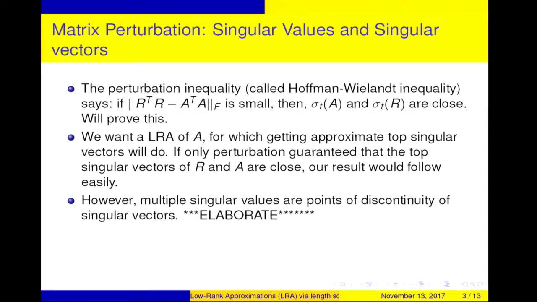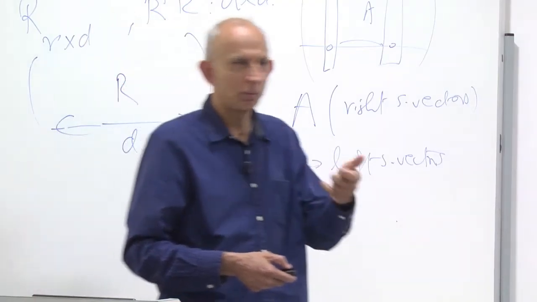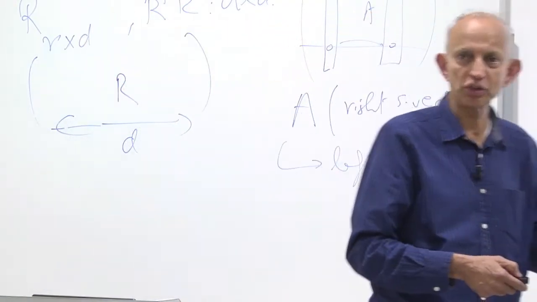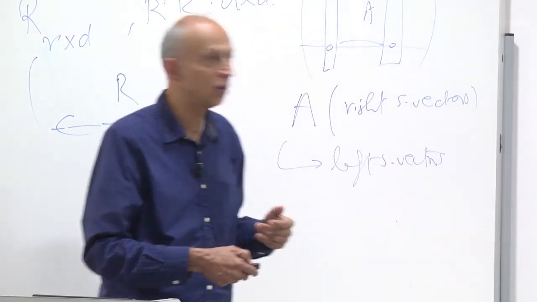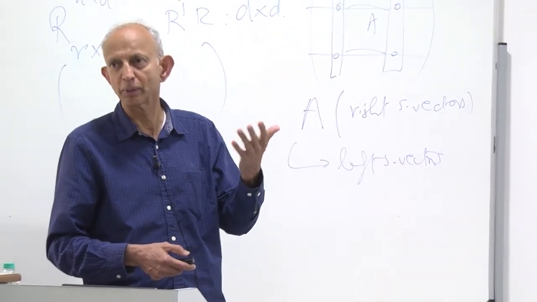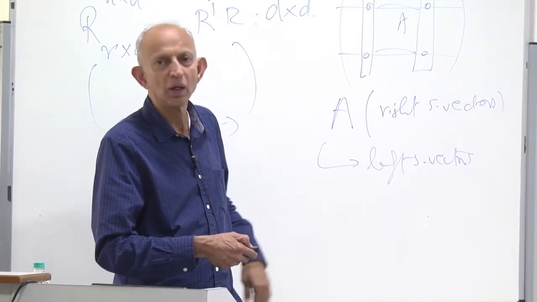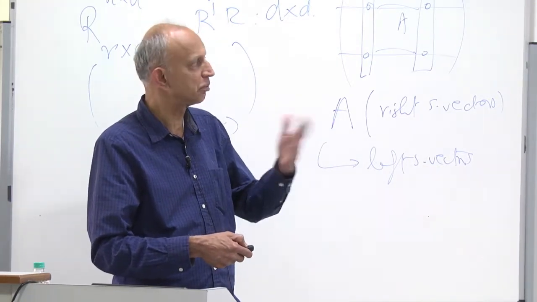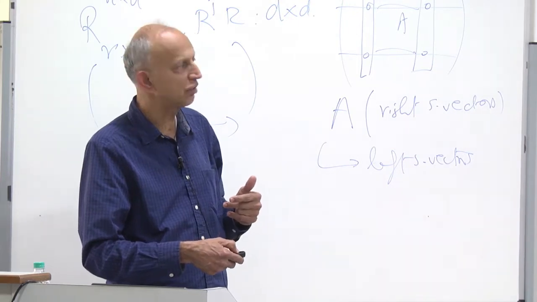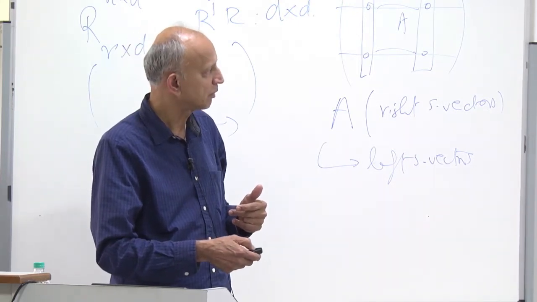That means, like multiple eigenvalues, there are many eigenvectors corresponding to the same eigenvalue, then it's called a multiple eigenvalue. These are the multiple roots of the polynomial, right? Similarly, if you have a singular value that has many singular vectors associated with it, then there's a discontinuity. I'll elaborate, but I'll give you an example first.